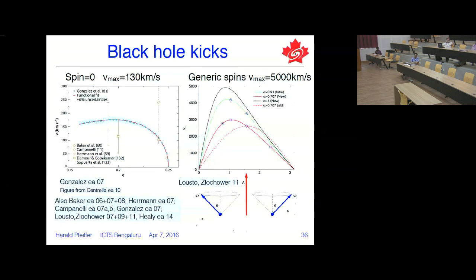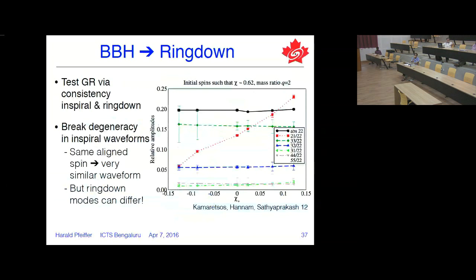Slide 37, a result I find more exciting because it offers so many exciting tests in the future, shows a plot of the ringdown amplitudes as a function of individual black hole spin. Many of the modes are insensitive to the quantity plotted on the x-axis here, which is a certain summary of the inspiral black hole spins.